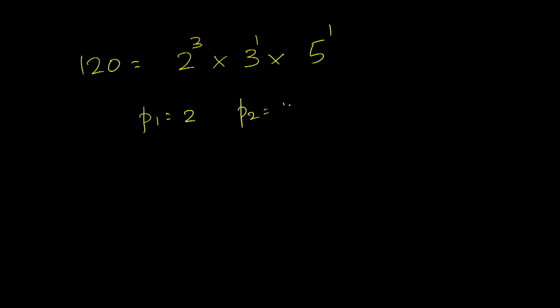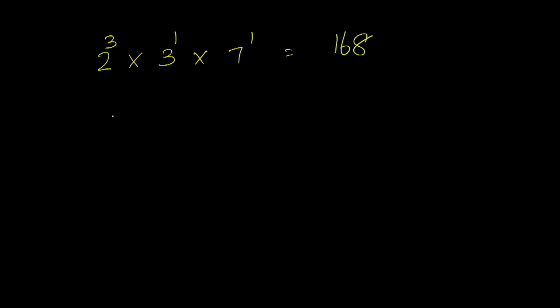For example, 120 is 2 power 3 into 3 into 5. So, the primes here are p1 equal to 2, p2 equal to 3 and p3 equal to 5. E1 is 3, we have 2 power 3, E2 equal to 1 and E3 equal to 1. Consider 2 power 3 into 3 power 1 into 7 power 1, which is equal to 168.